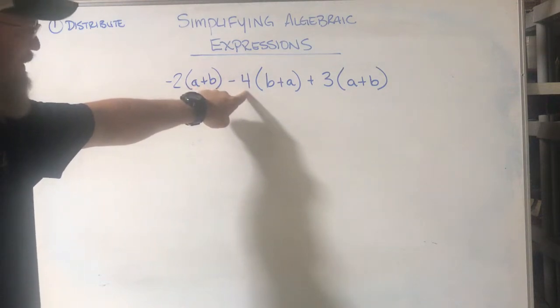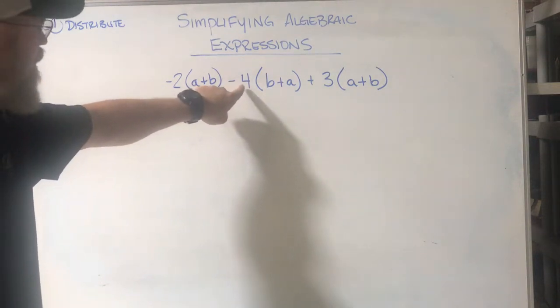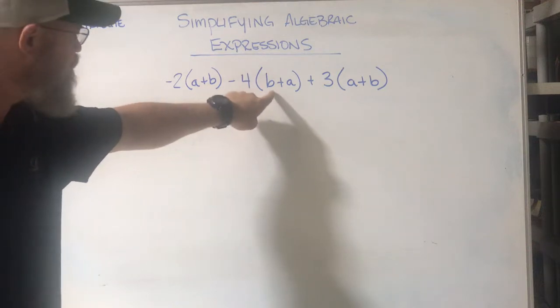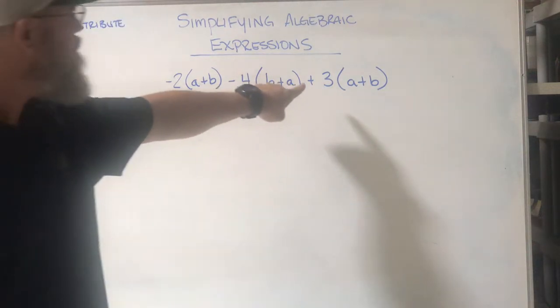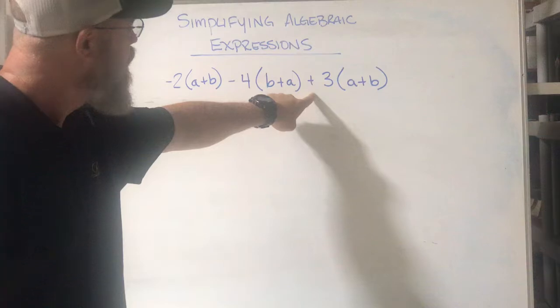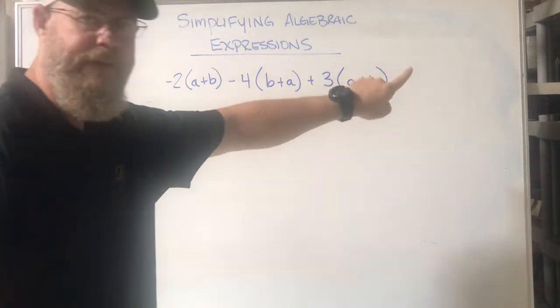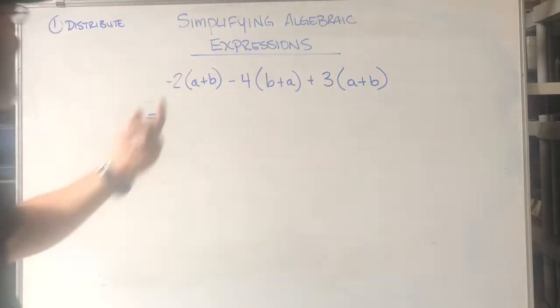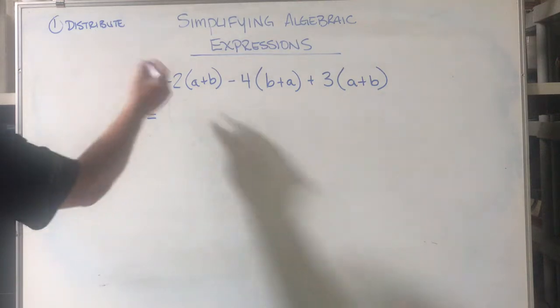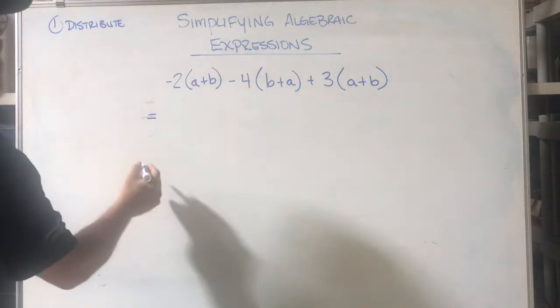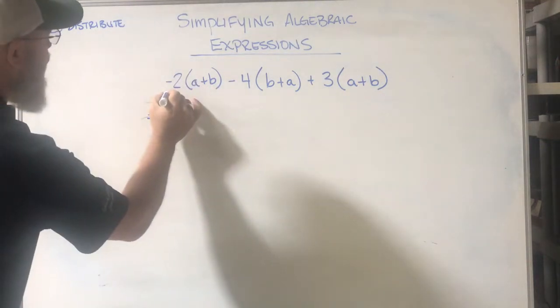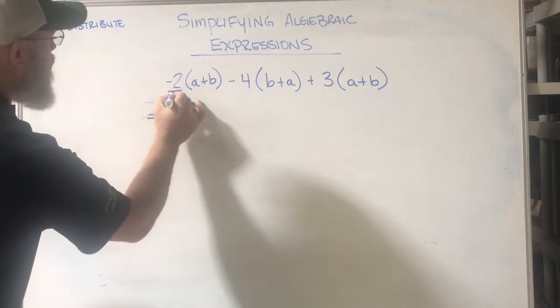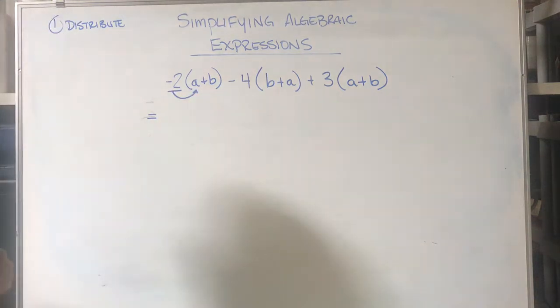This negative is attached to this 4. So -4 times b plus a. And then a +3 times a plus b. All right? So let's distribute that. So -2 times a plus b. Well, I'm going to take my -2 and I'm going to multiply it by a.